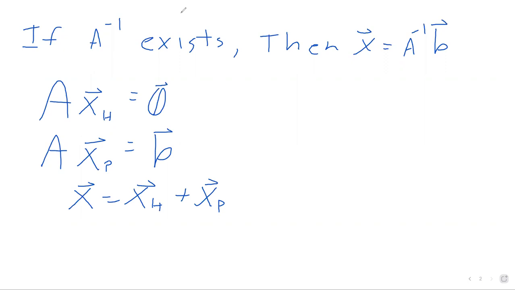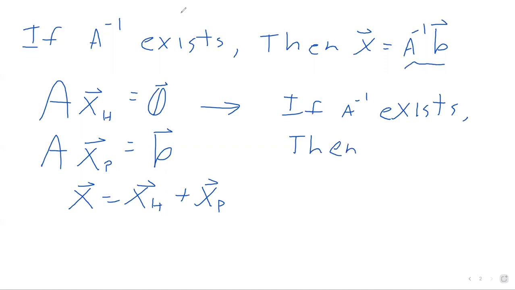Now, specifically with our homogeneous setup, if our inverse exists, then X is going to equal A inverse times the 0 vector, which is the 0 vector.